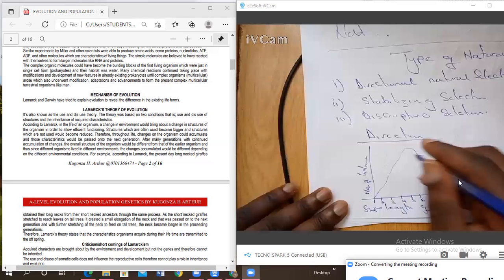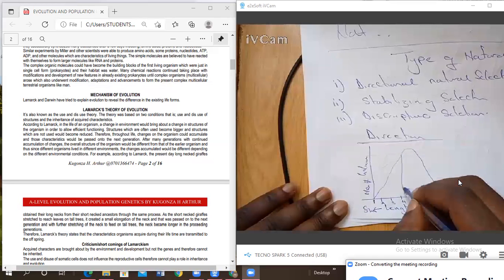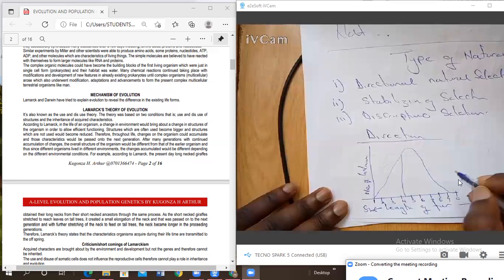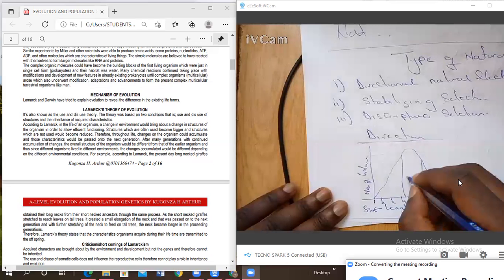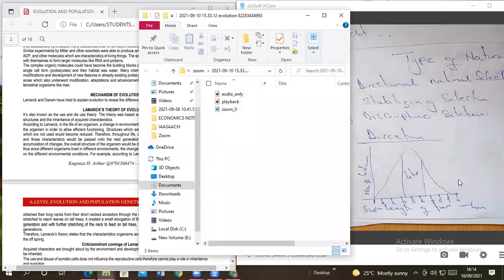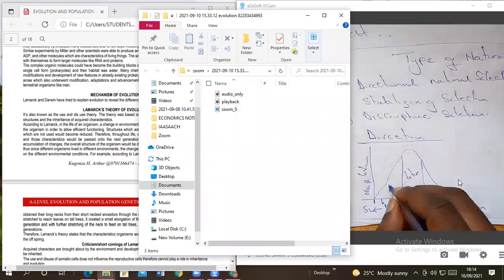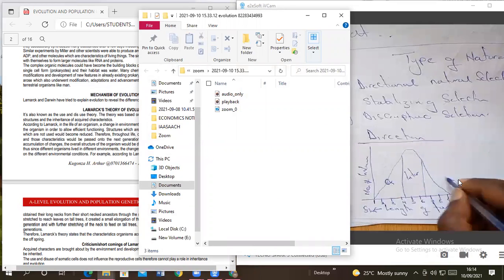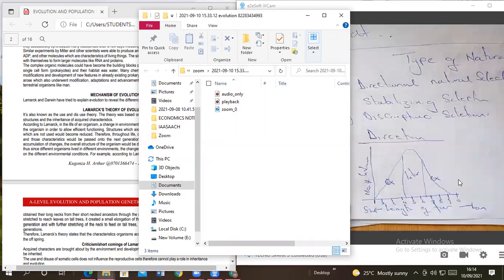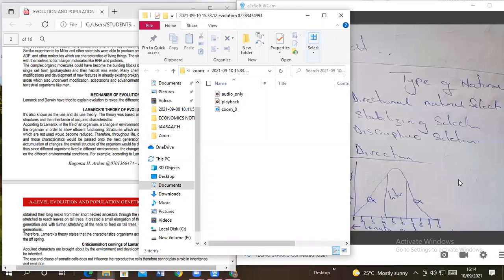Up to here, 4.5 to 6.5, these we call intermediates all together. Then we have extremes on this side and extremes on this side.